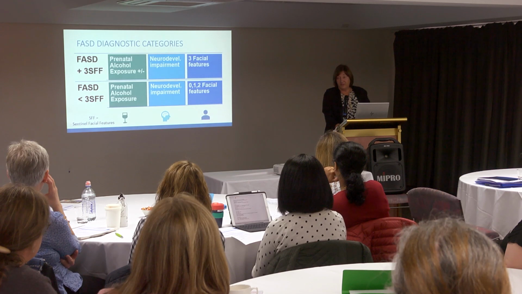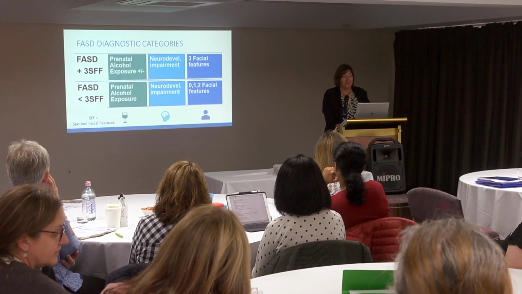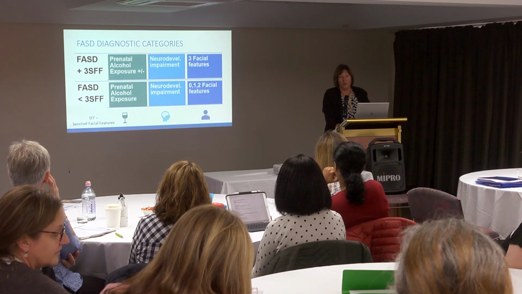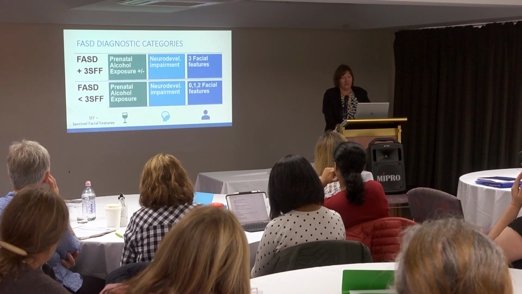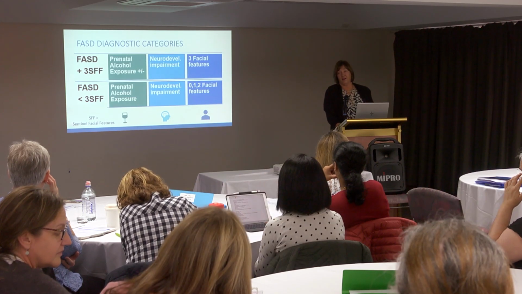FASD with fewer than 3 sentinel facial features is what used to be called partial fetal alcohol syndrome or alcohol-related neurodevelopmental disorder. So I think it's a simplified way of classifying the diagnosis, but we find that it's less confusing for parents that the children all have fetal alcohol spectrum disorder with or without the physical features.